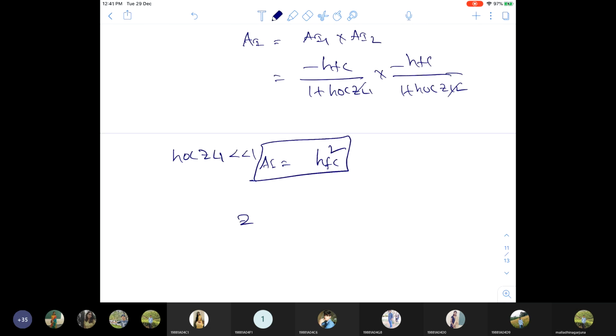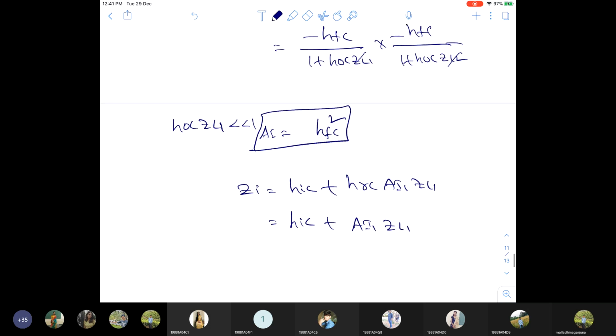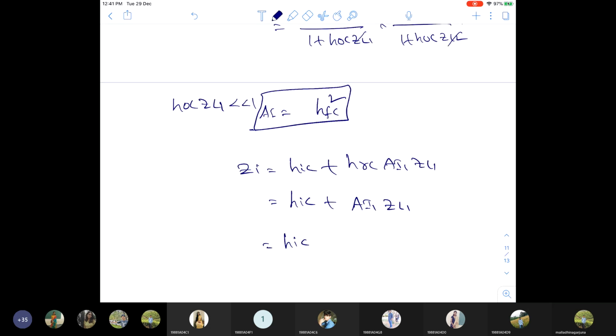Okay. Next, ZI equal to, very, very important, HIC plus HRC AI1 into ZL1. So that is HIC, HRC is 1, AI1 into ZL1. So HIC plus minus HFC by 1 plus HOC into ZL1, into ZL1.